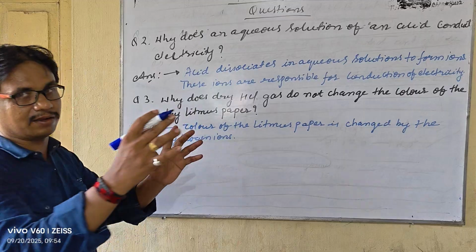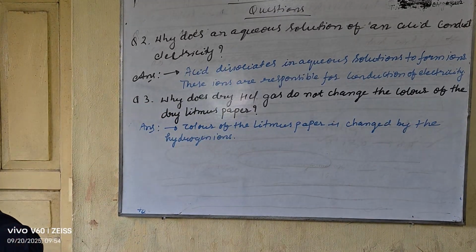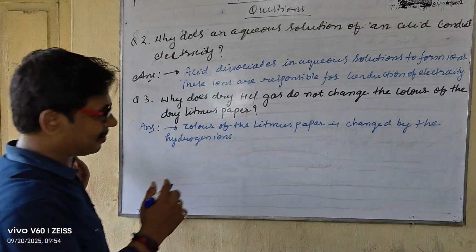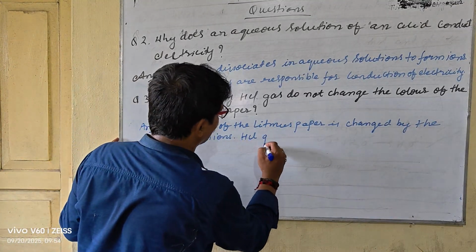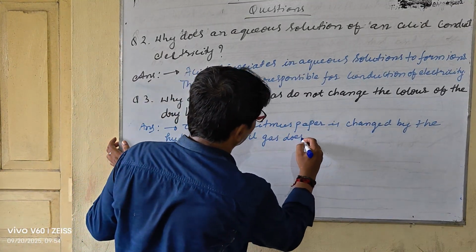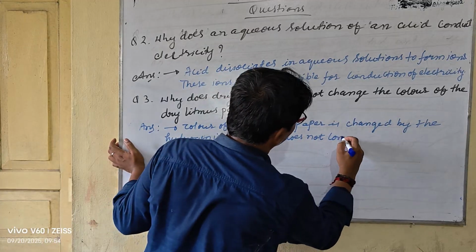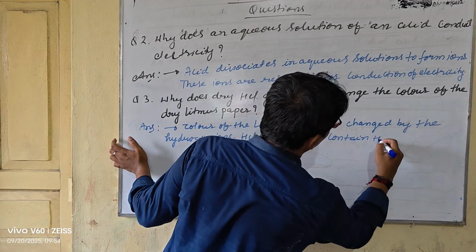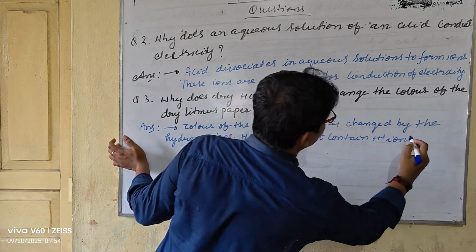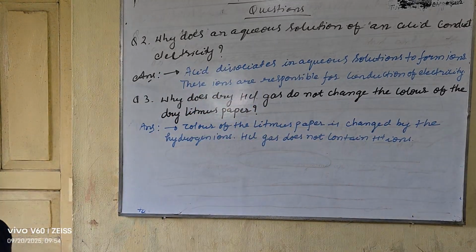This is the main reason for the changing of color. So my dear students, HCl gas does not contain H+ ions.